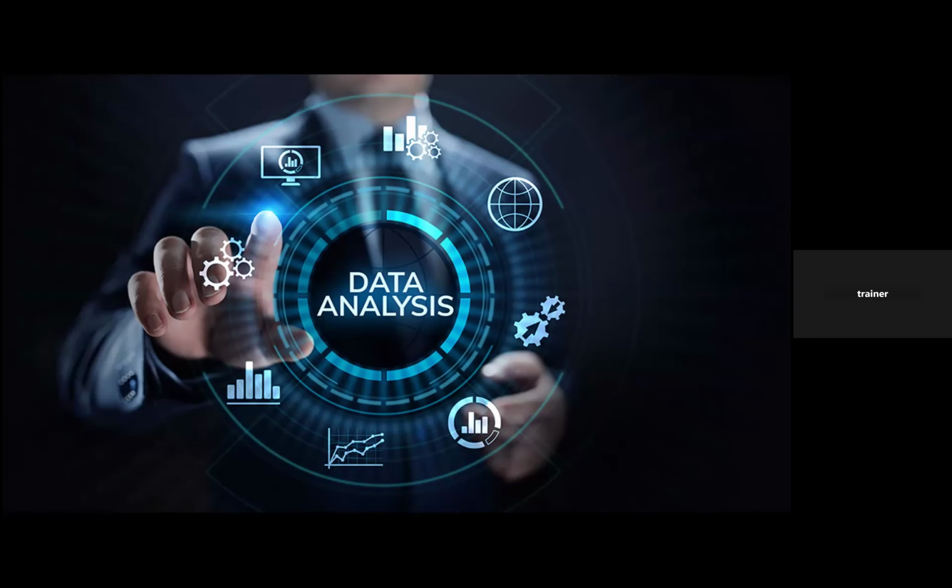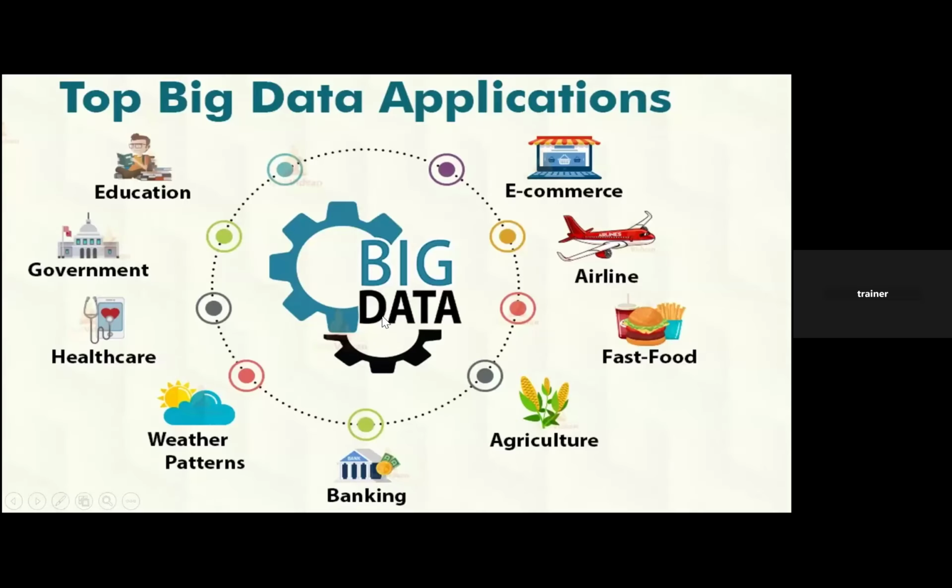Okay. So starting with it, you can see around your world, the environment, wherever you go, like healthcare, weather patterns, agriculture, fast food, or anything. When you enter any medical shop, the data will be collected. Whenever you enter your Aadhaar card or voter ID card or deal with any other government sector, your data will be collected.